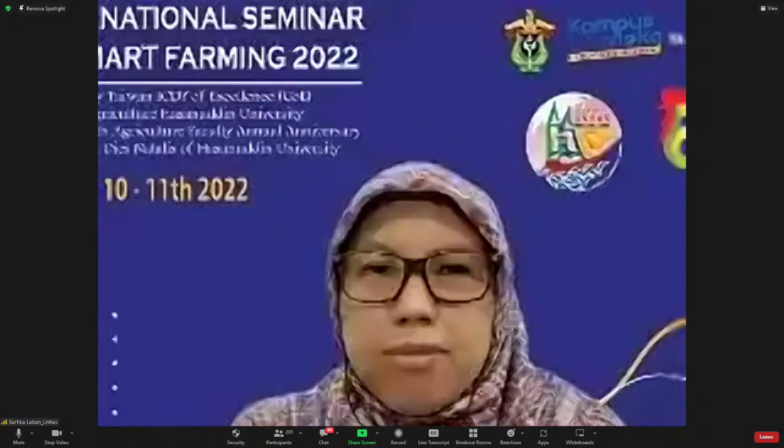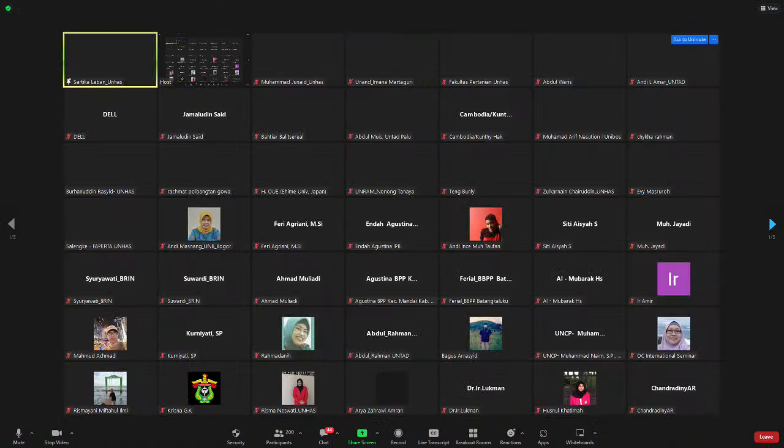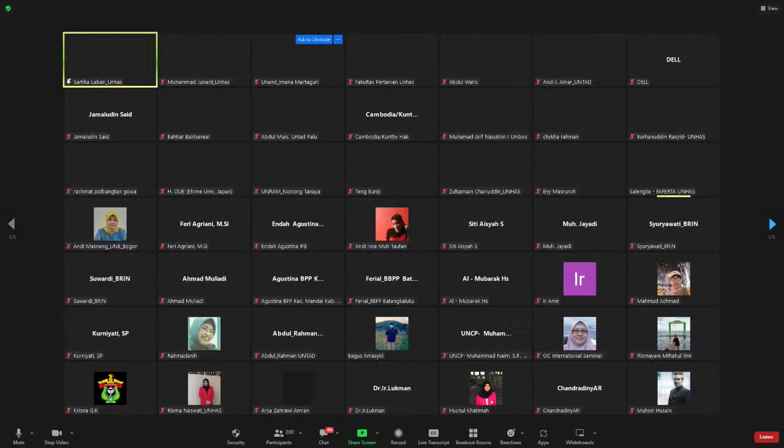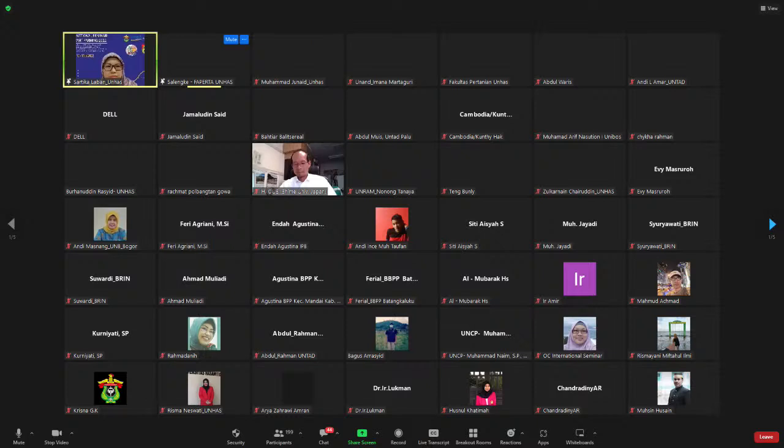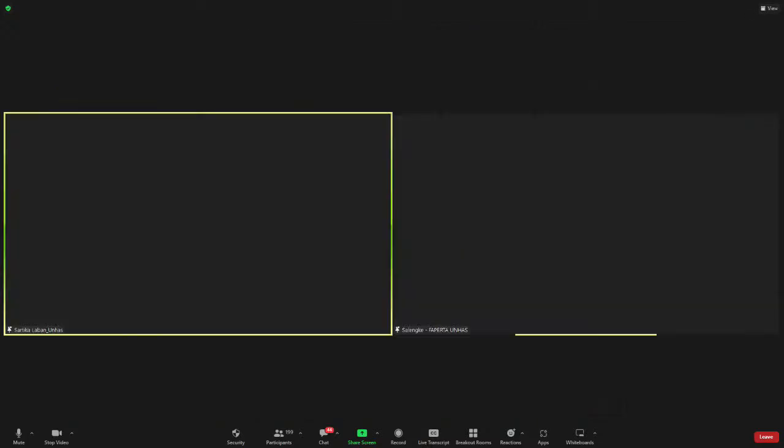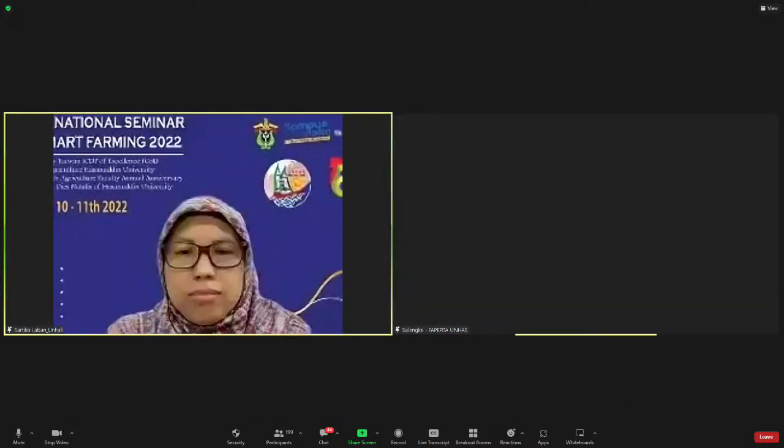We tried to delay the drying time to simulate the weather condition. The longer you delay the drying time, the higher the broken rice you get from the rough rice.